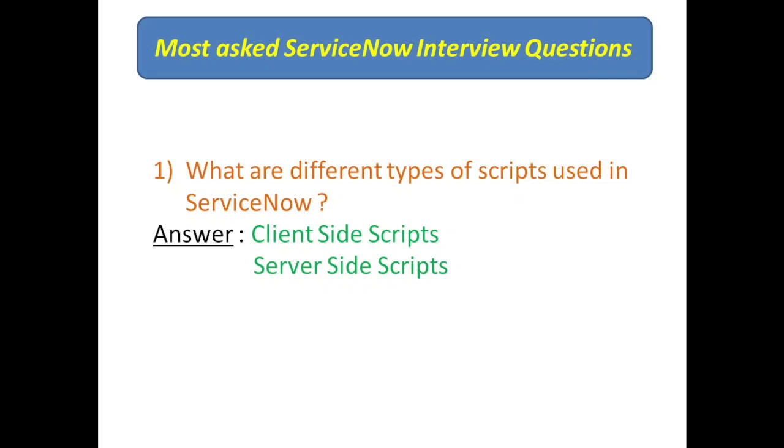For client-side script you can say client script, and for server-side script, business rules, script includes, script actions and scheduled jobs. These are the places where you can write the code which can run on the server side and contact the database tables. Okay, so this is the first question.